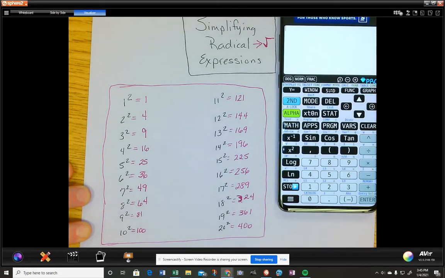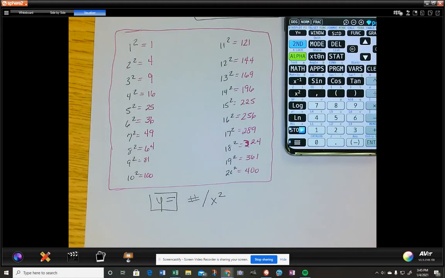You can use your cell phone as a graphing calculator, Calc 84. And we're going to use our table also. You can go to y equals and type in your number divided by x squared, and that will help you find the square root also. And I'll show you that in a moment.